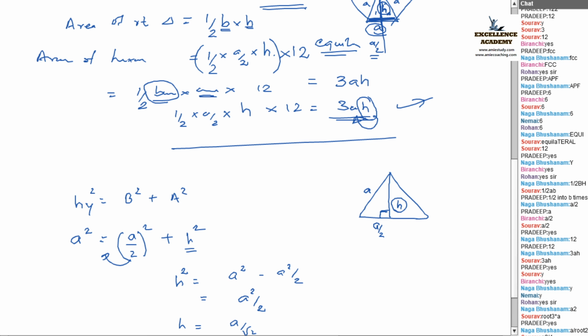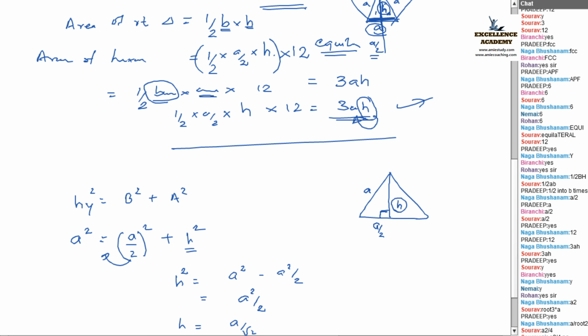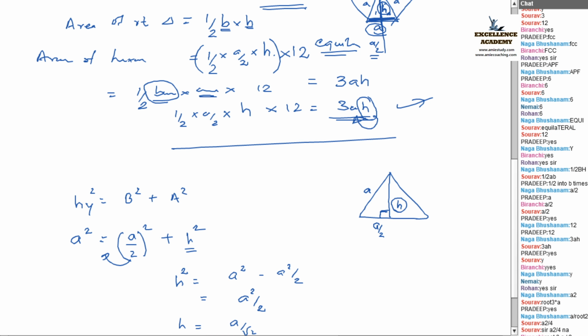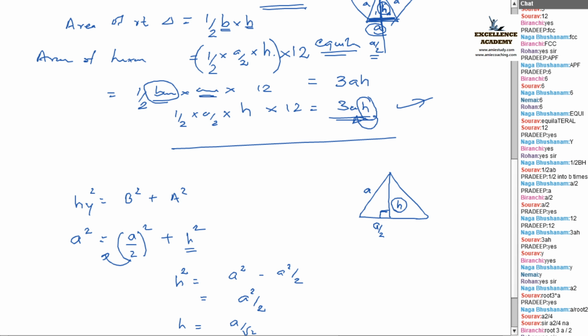Any problem? Can you find out? Root 3a by 2.